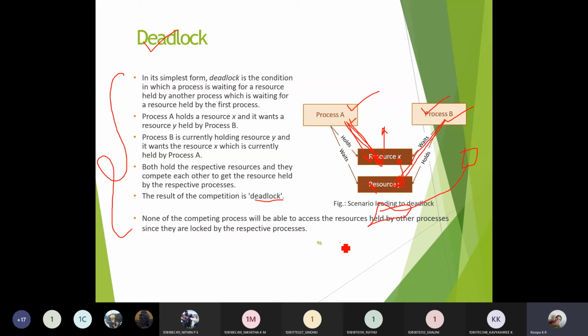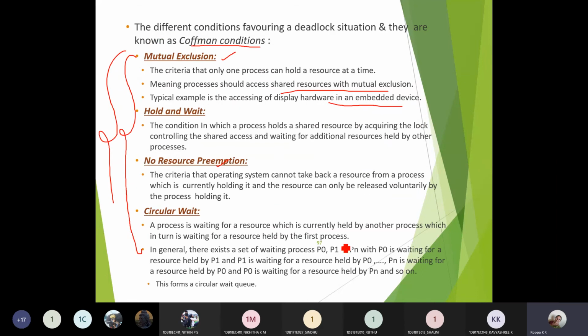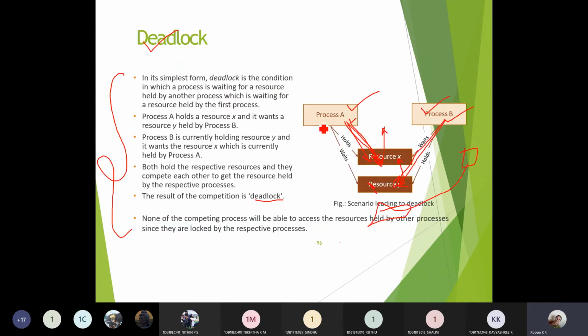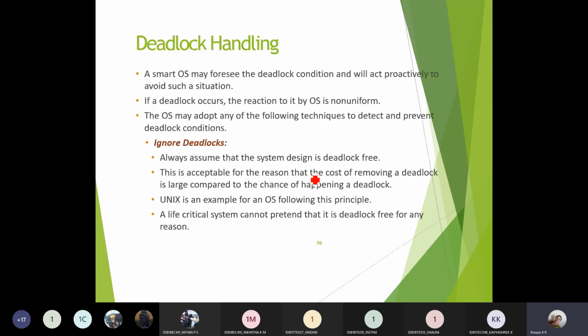However many processes you have, that many resources will be held up, and all the processes should be waiting for one or another resource in a circular pattern. This is called circular wait. All these conditions can be explained with the single deadlock situation here. So this is about how a deadlock situation occurs.